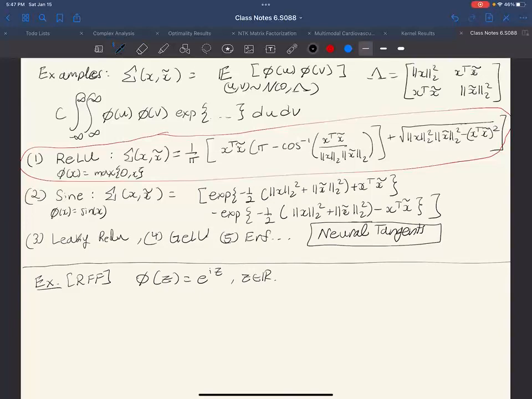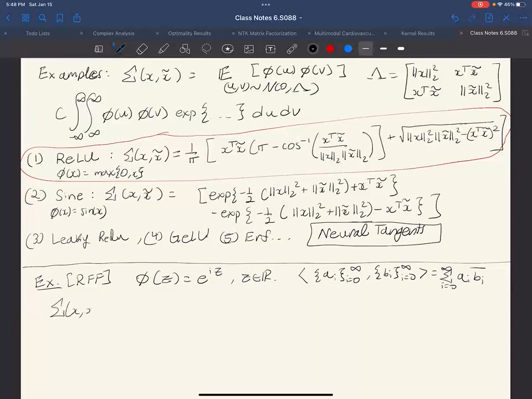Our inner product, if you have two sequences which are complex valued, recall that the inner product is just going to be the sum from i equals 0 to infinity of a_i times b_i conjugate. So now what is the neural network Gaussian process given by? Well, it was given by this expectation.